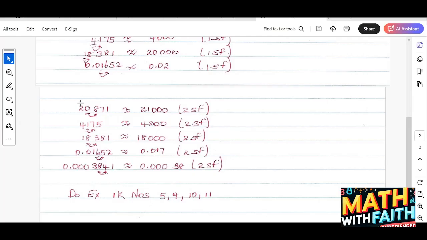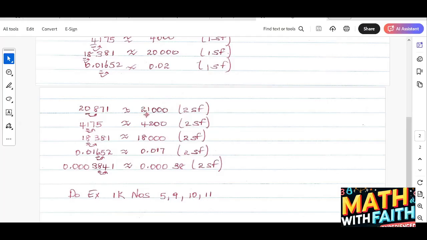This is our first, and this is our second significant figure here because any zeros coming after that first non-zero digit are considered significant, right? So let's look at the digit after our second significant figure. It's 8, more than 5. So this 0 will now become 1.